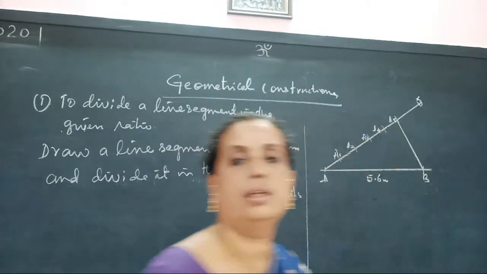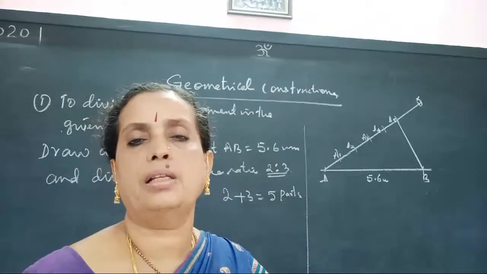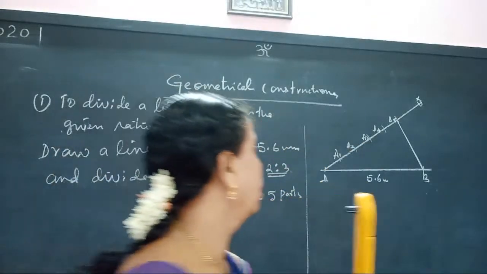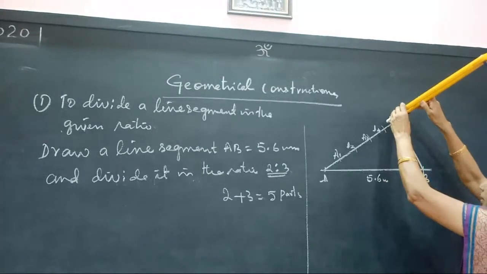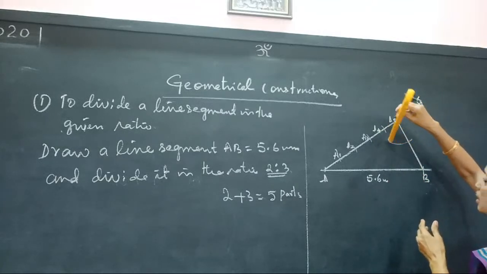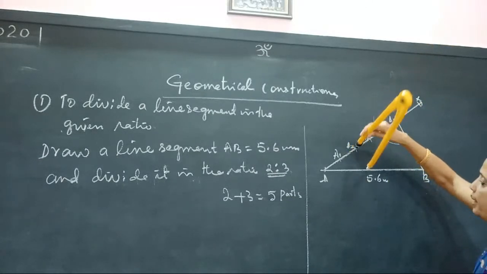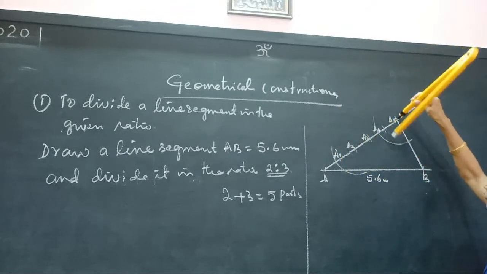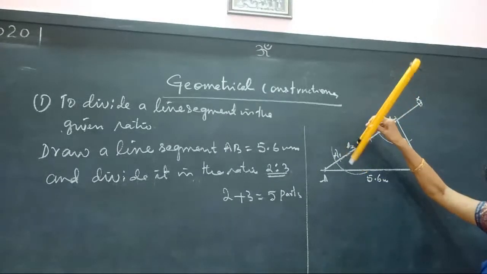Now we need the construction of the corresponding angles. How to do? From A5, with convenient radius, draw an arc. Since it is 2 to 3, keep the point here, draw the same arc here. From A5 arc, from A2 arc.